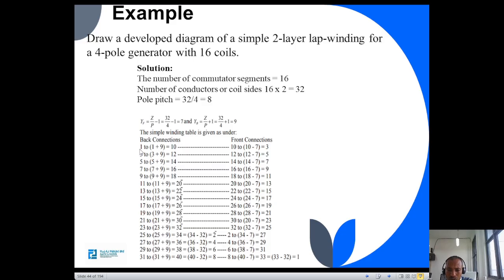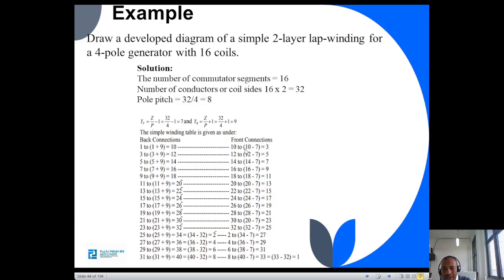So this coil side is going to be connected to coil side 10, and the front one should be 10. If we want to use this front one, it was 10, so we have to subtract the front pitch. It was 10 and the front pitch was 7, so it is going to be 3.